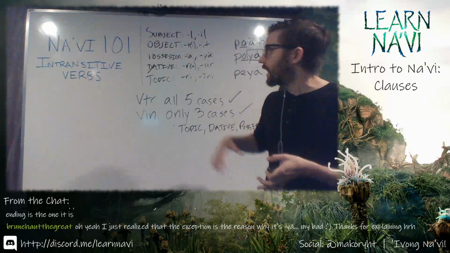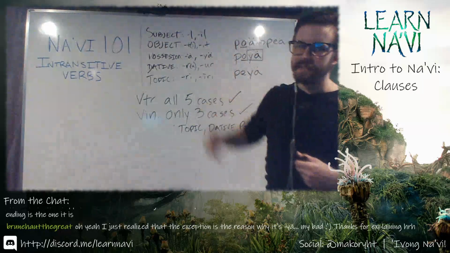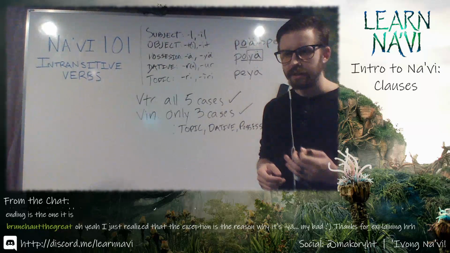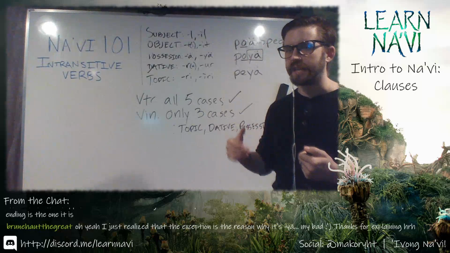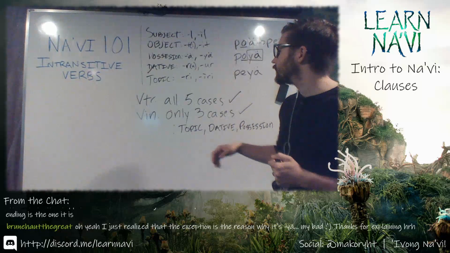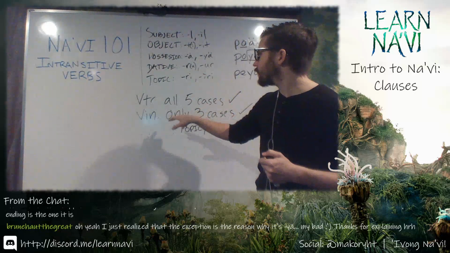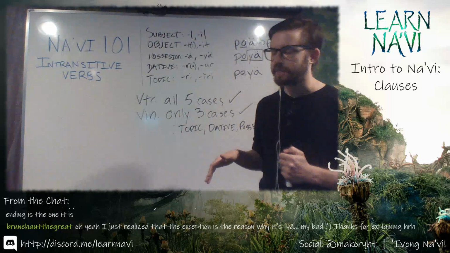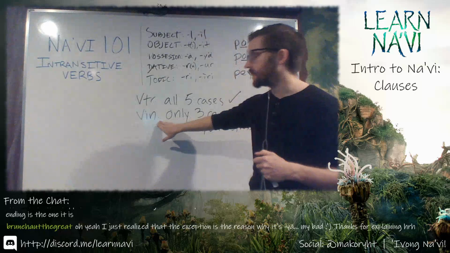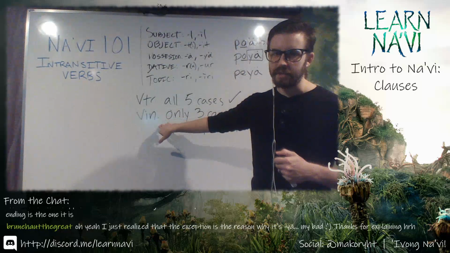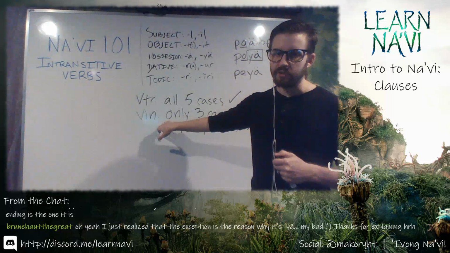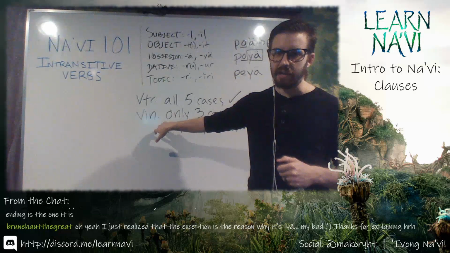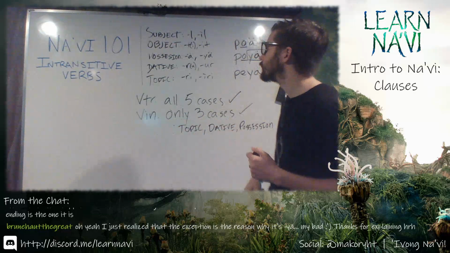The only time the subject case ending needs to be used is when there is an object. So, if there is no object case marking, then there is no subject case marking, which is why you will never see the subject case marking with intransitive verbs. The subject is unmarked with intransitive verbs.